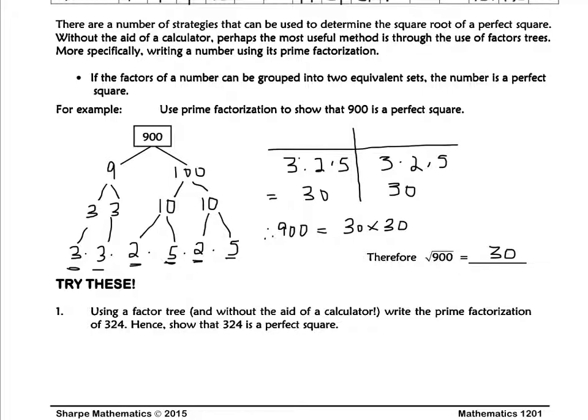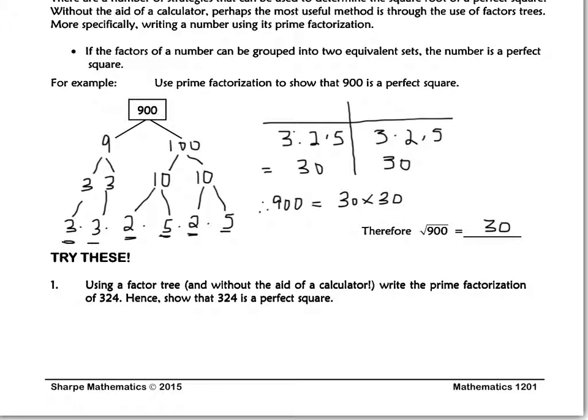If we use that method again without using our calculators and try to show that 324 is a perfect square, we would have 324. 4 goes into that 81 times, and then 4 is 2 times 2, and 81 is 9 times 9.